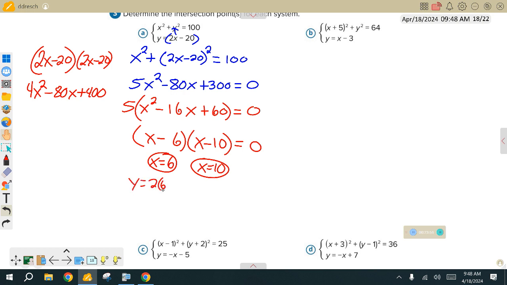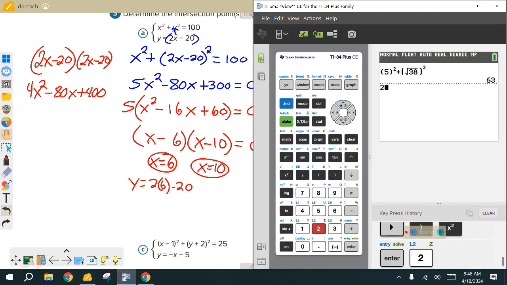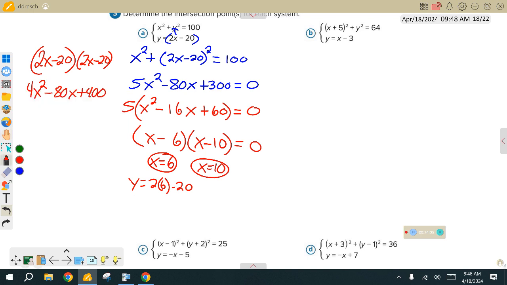You should be able to just think about it in your head, or calculator. Somebody got negative 8? That's my first point. One solution is 6 comma negative 8. One intersection is 6, negative 8.